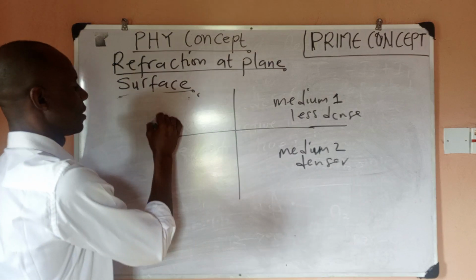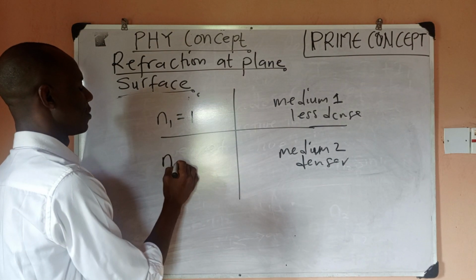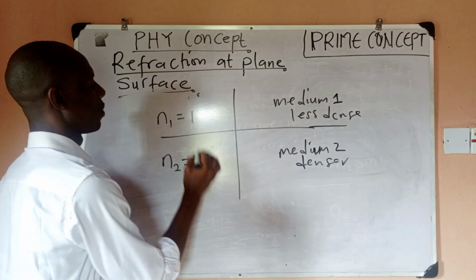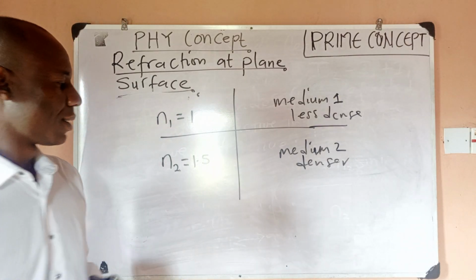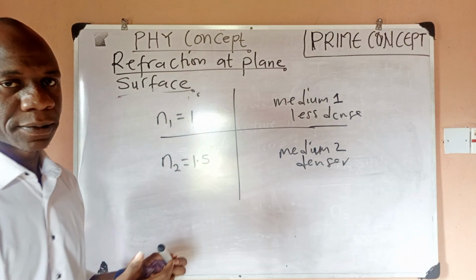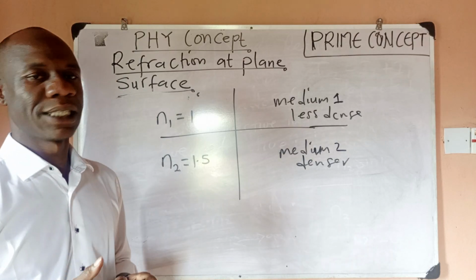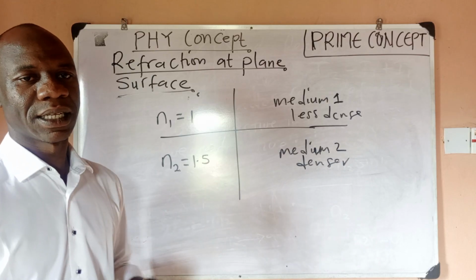If the refractive index N1 in this case is 1 and the refractive index N2 is, say, 1.5, I want you to find the relative refractive index of glass.